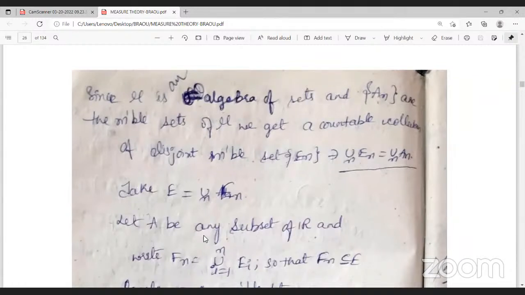And therefore F is the union up to n minus 1. Therefore F and En are disjoint sets, that is, F intersection En is equal to empty.